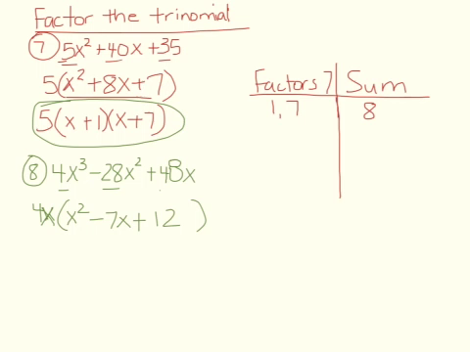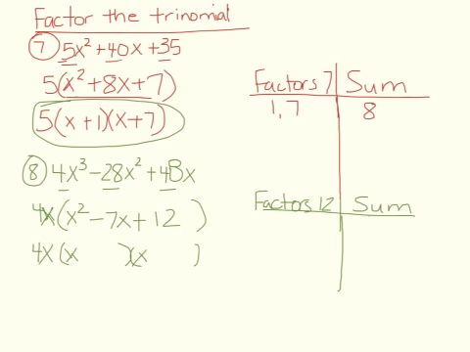Now I'm ready to factor this trinomial, leaving my 4x outside. So I know x times x is x squared. Now I need to write down factors of positive 12 that will give me a negative 7 sum. The only way to get a positive 12 when I'm multiplying, but still a negative when I'm adding, is for both of my factors to be negative. So negative 1 times negative 12 would be positive 12, but that sum is negative 13.